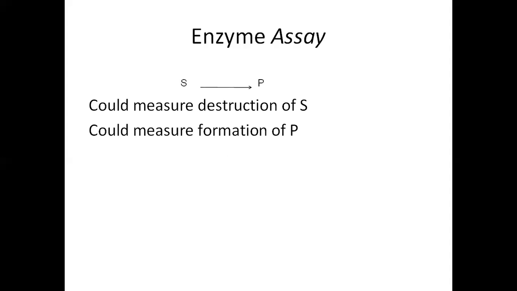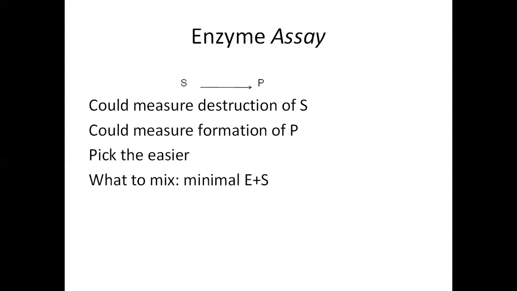The components of the assay would obviously include enzyme plus substrate. We typically dissolve them in a buffer solution to maintain the pH. We would also have to add any required coenzymes or cofactors. To conduct an assay, what I would do is to mix together, for example, enzyme plus buffer plus coenzyme or second substrate if needed.